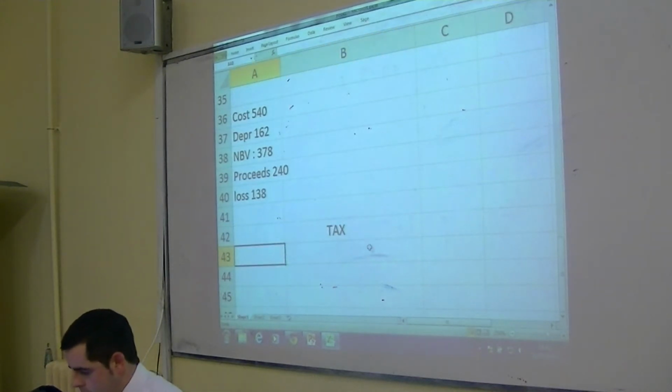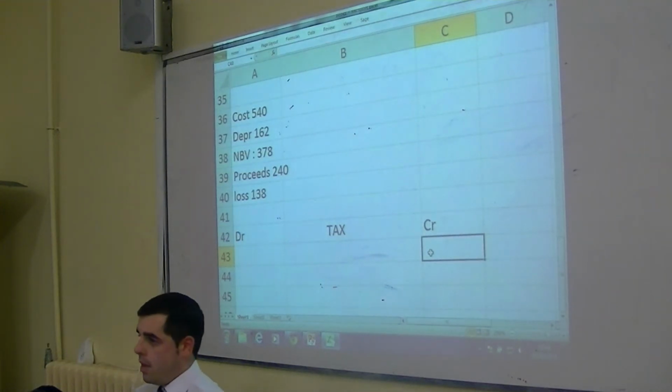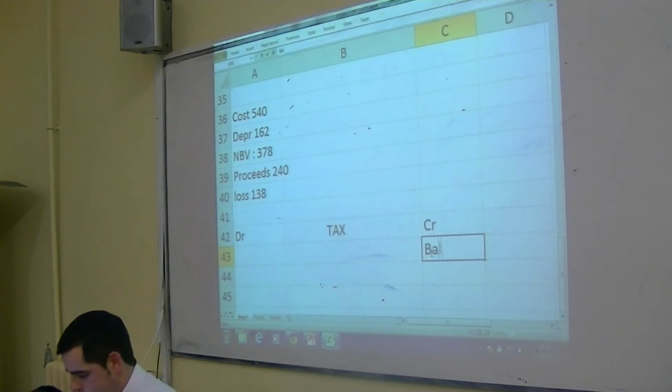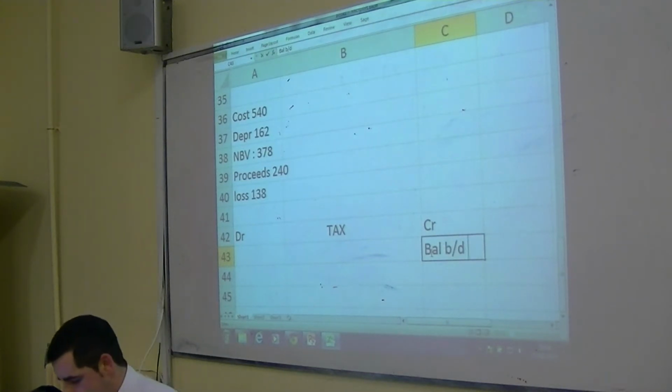What we're going to have starting off is our credit balance, our opening balance, balance brought down. The very last figure you see is 2,500. So 2,500 is our opening balance.